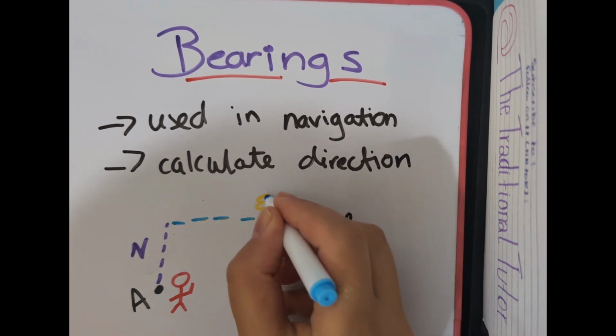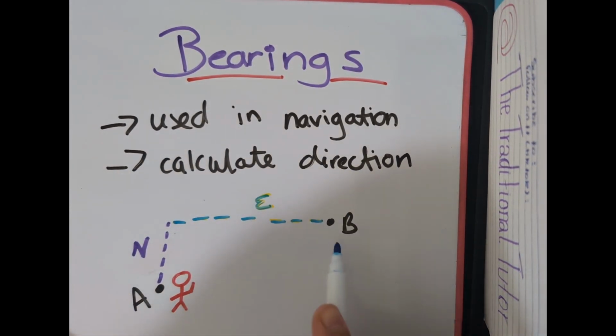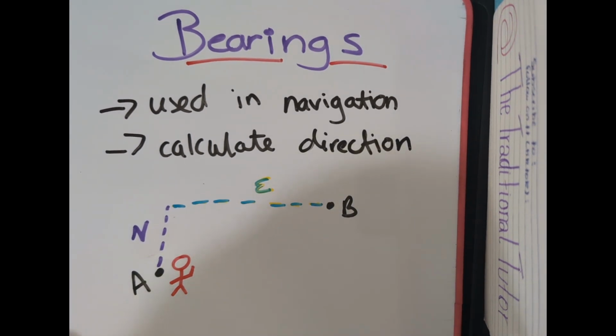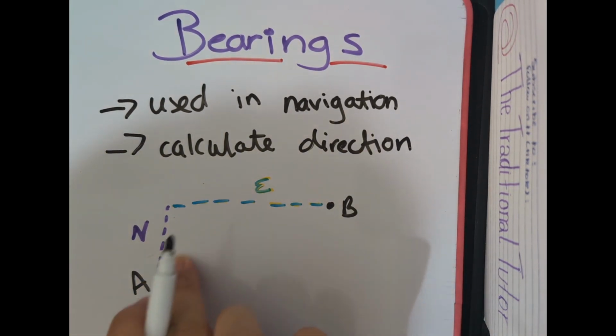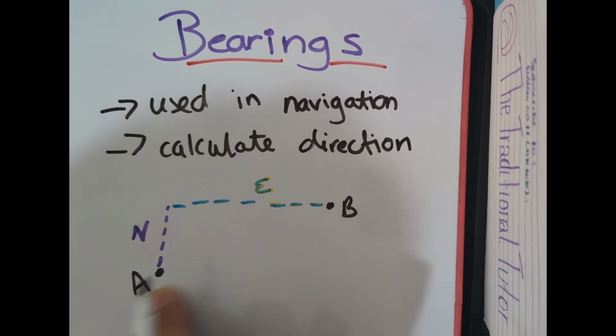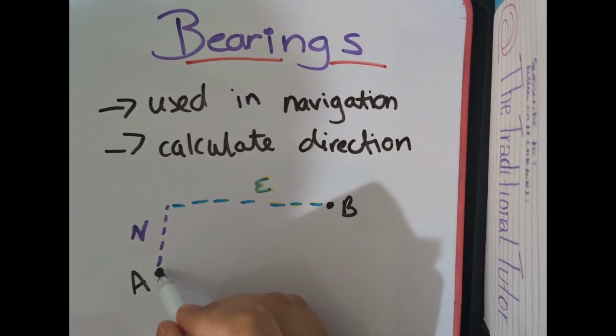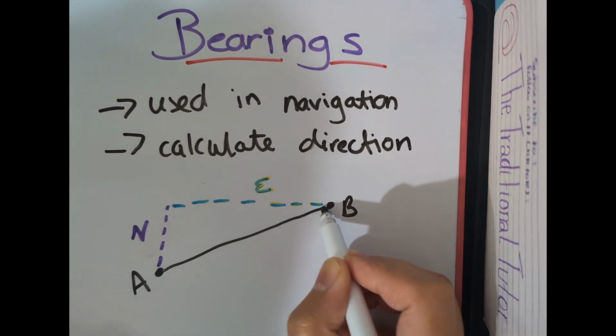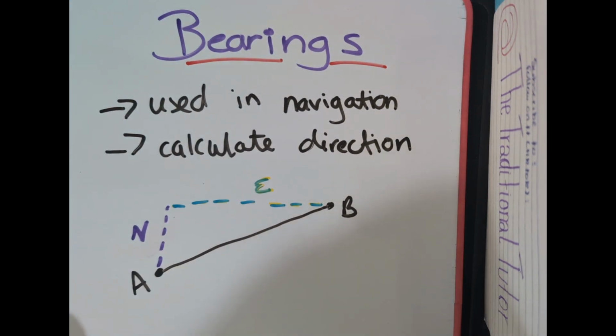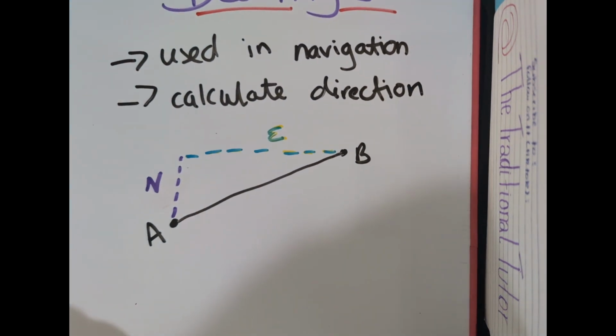So that means that to get from point A to point B, I can go up north and then I can go east to get to my point B. Well, that's a bit long, and to help us get from A to B in a faster way, I'm just going to rub out my red man to draw this line. What I can be doing is using bearings to get there in a more specific way to calculate the direction.